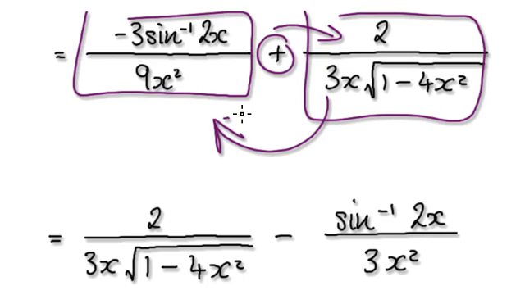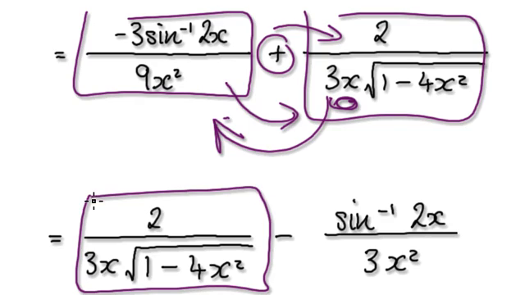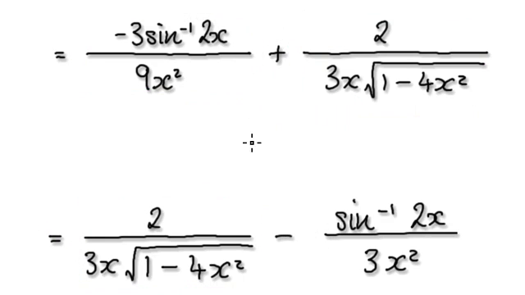Let's just switch these 2 around so it looks neater. It feels awkward having this negative in front. So switch them around, and then cancel out, simplify this, and then it will give you this.